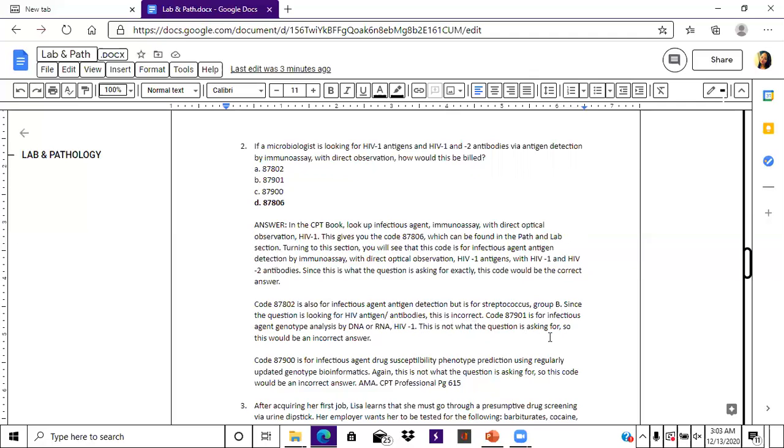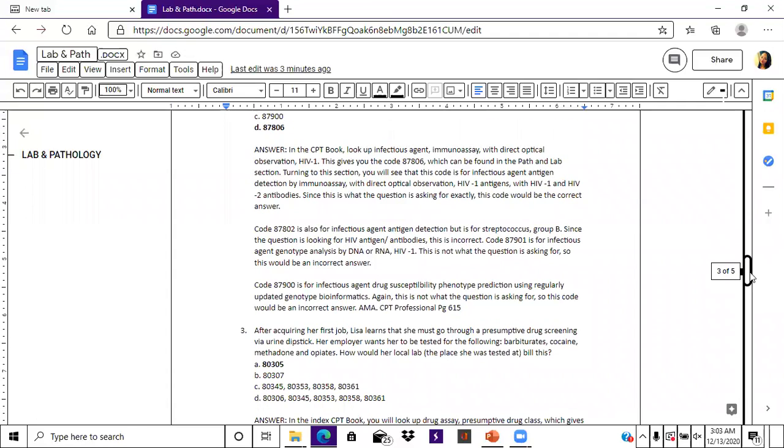This is not what the question is asking for, so this will also be incorrect. 87900 is for infectious agent drug susceptibility, phenotype prediction using regularly updated genotype bioinformatics. Again, this is not what the question is asking for, so it's wrong.